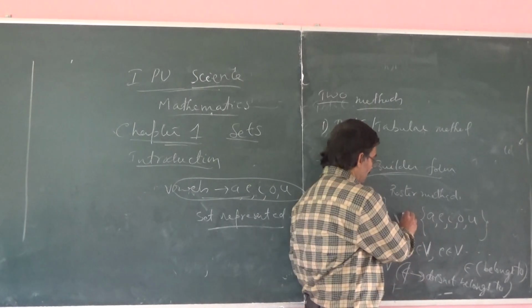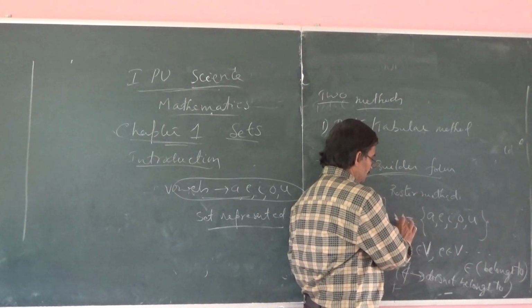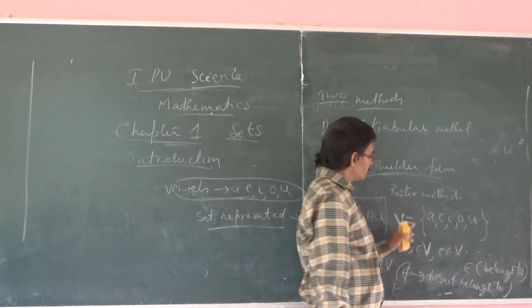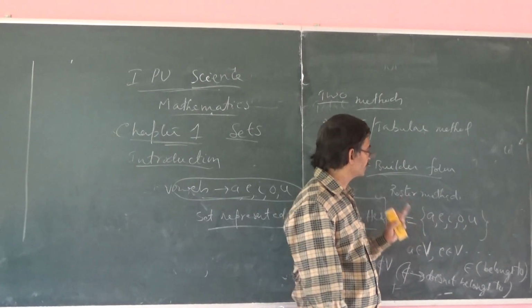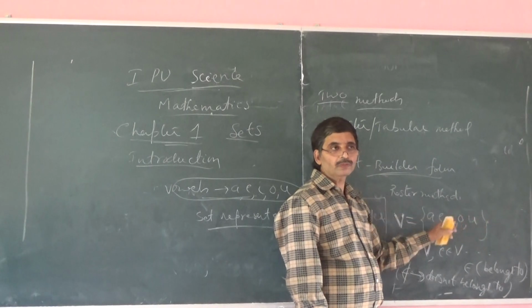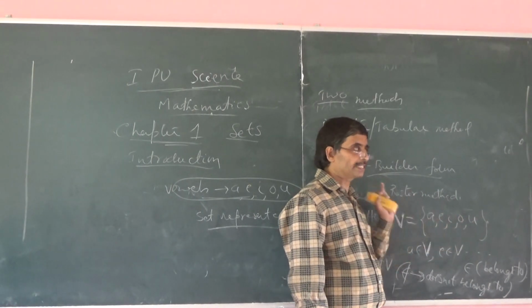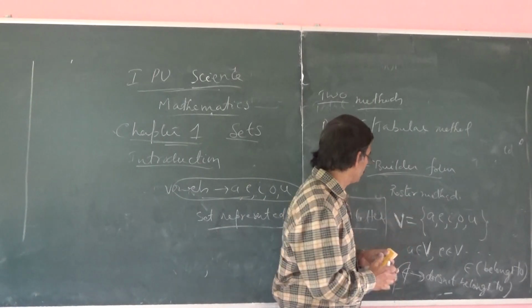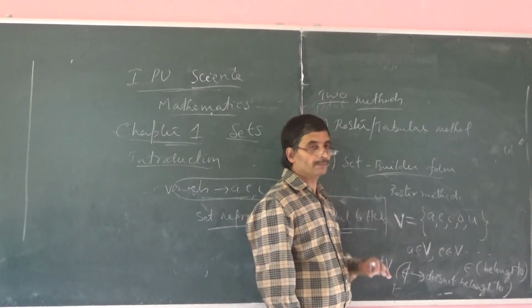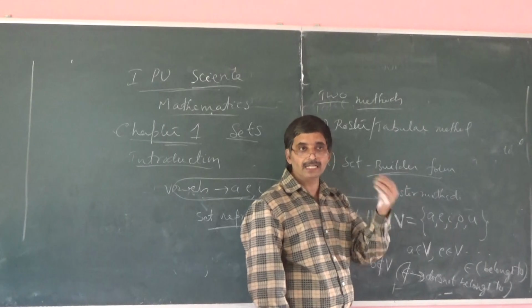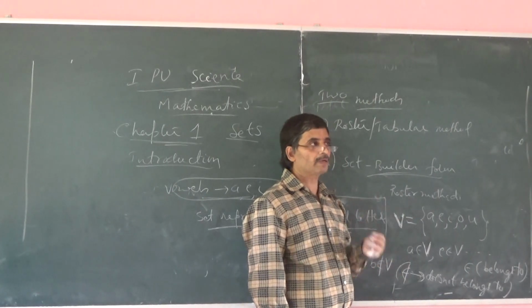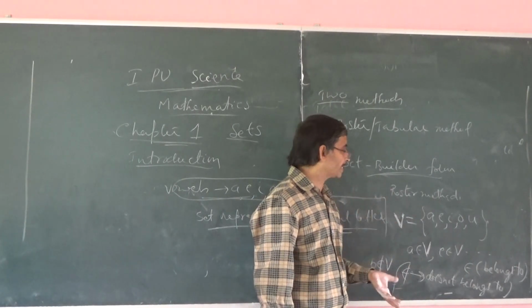So this has to be capital, very important, where many students make mistakes. So use capital letters only for sets. For elements, if you are using letters, we generally use small letters. This is A belongs to B. It is a member, it is an element. Belongs to means it is a member, an element, an object of the set.